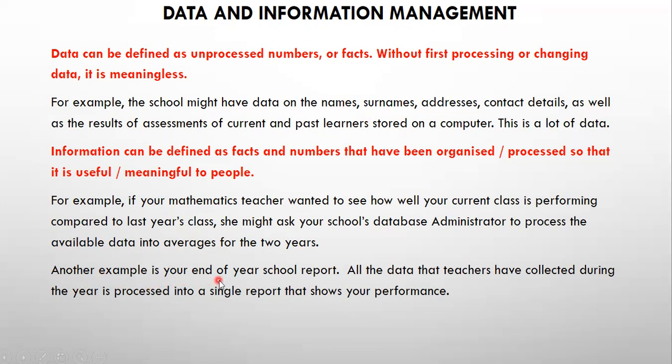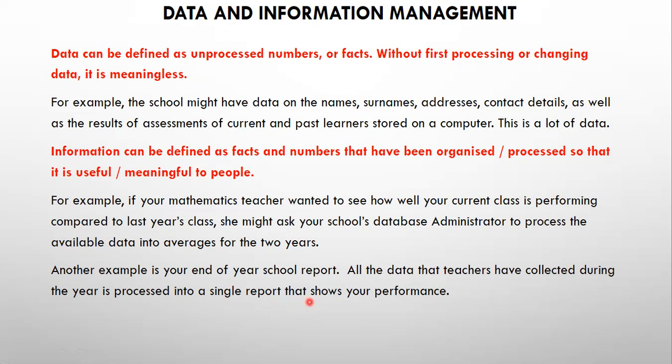Another example is the end of the year school report. All the data that the teachers have collected during the year is processed into a single report that shows your performance. So your marks for the year are data, but once you have a report that is now processed, that's information.